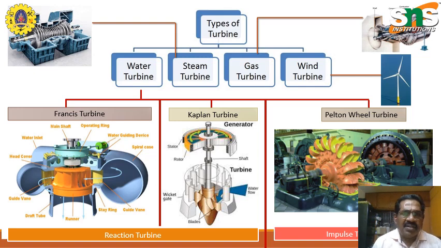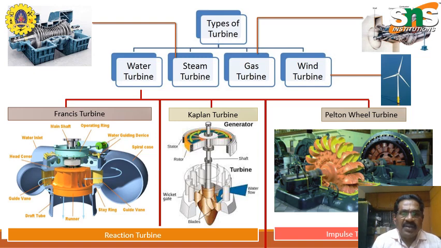Now, coming to the types of turbine, we have four different types: the water turbine, the steam turbine, the gas turbine, and the wind turbine. The water turbine is classified into three types. One is the Pelton wheel, which is the most generally used, then you have the Kaplan turbine, and then the Francis turbine. Three different kinds of turbines are there, and each one has its own different usage.